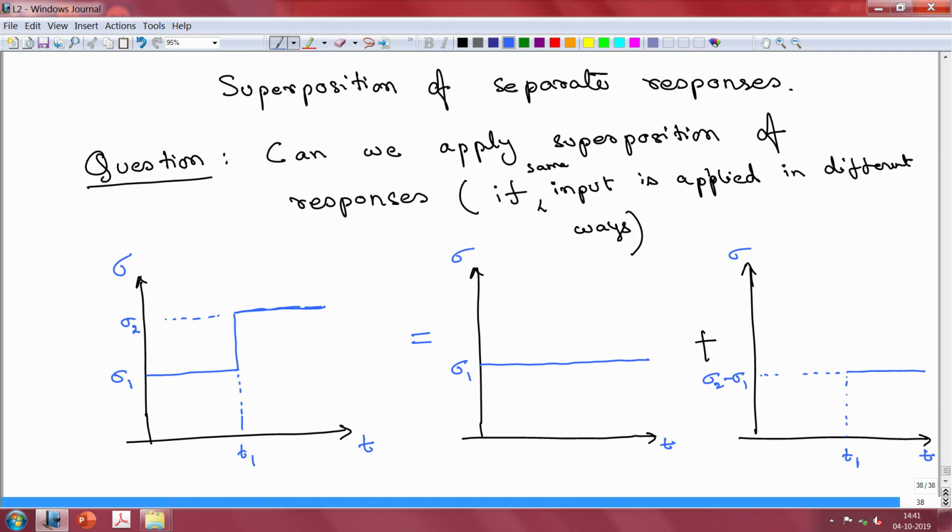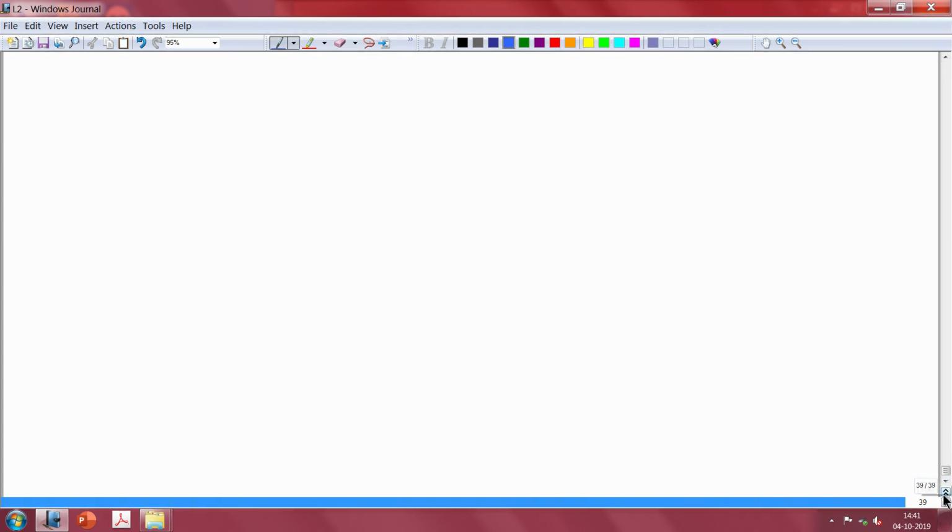So, if I were to draw the responses for my graph on the left hand side, can I say that the response of the left hand side will also be equivalent to the two separate responses simply added together? That is what the superposition of responses is asking you. So, this is the input plane.